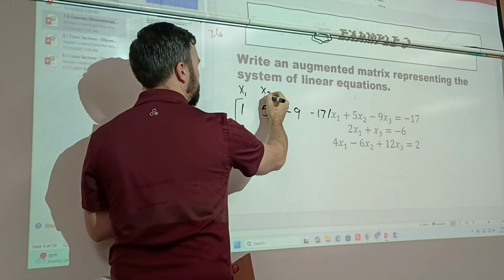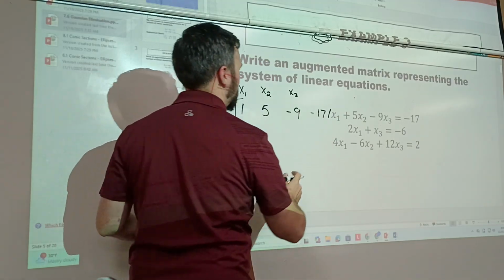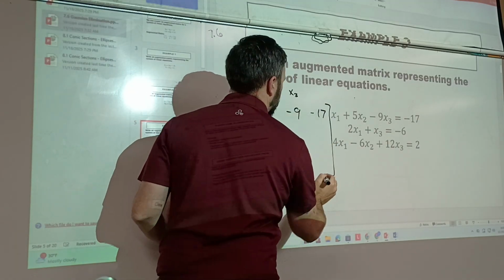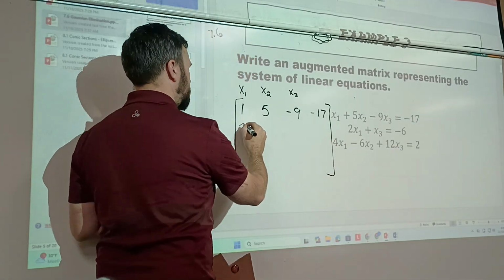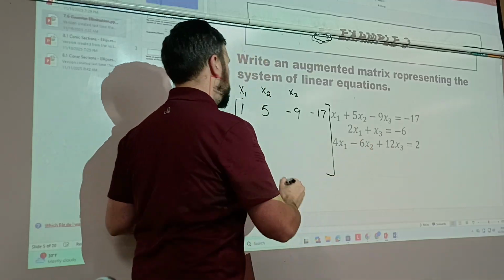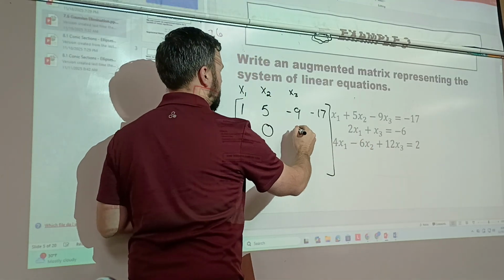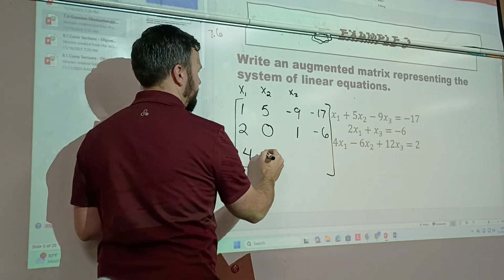This is all my x2s. These are my x3s. And these are my constants, whatever they're equal to. So I have a 2 for x1. What do I have for x2 there, though? A 0. So you got to make sure to include that 0, okay?